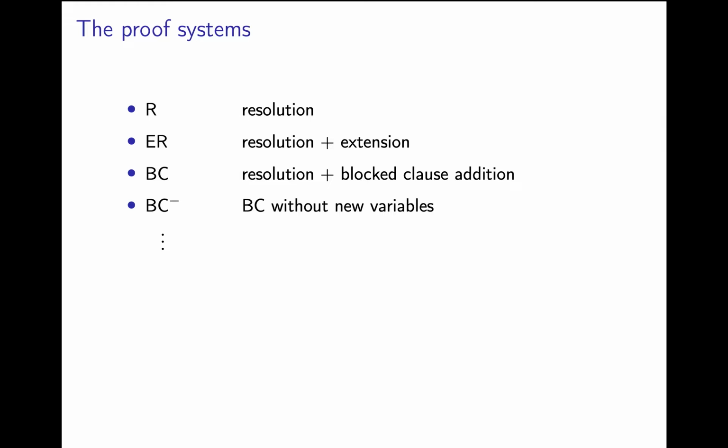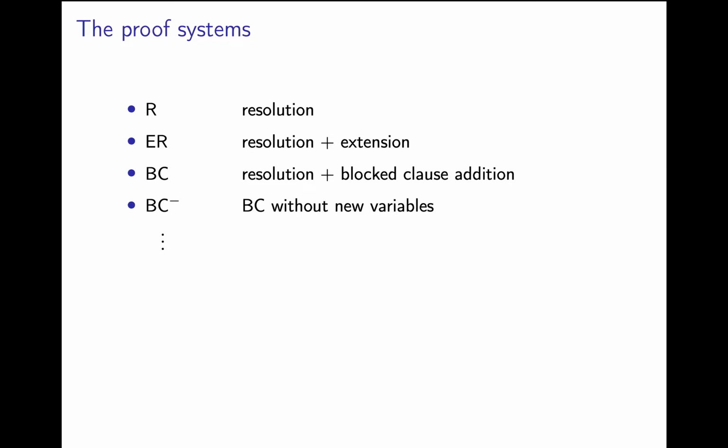BC is the blocked clauses system, which has resolution plus the ability to add blocked clauses. And there's also this system that I denote by BC minus. If you recall, I mentioned that blocked clauses could include new variables, similar to extension. So this BC minus is the version of BC where we disallow new variables from appearing in the proof.